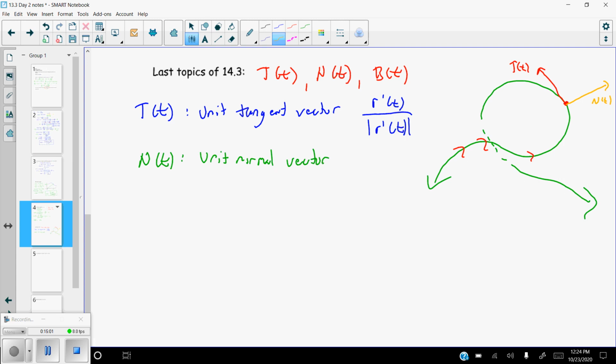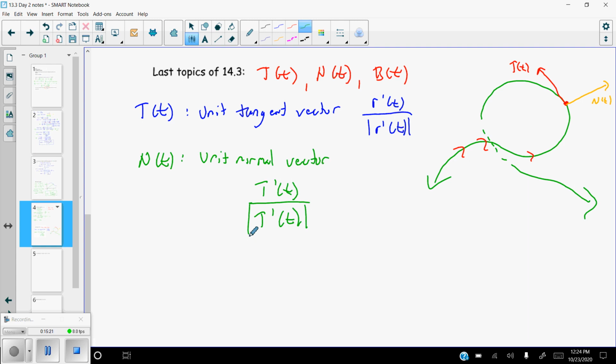Well, you find the unit normal vector by taking the derivative of the tangent vector, and because we want it to be a unit, we divide it by the magnitude of the derivative of the unit tangent vector.